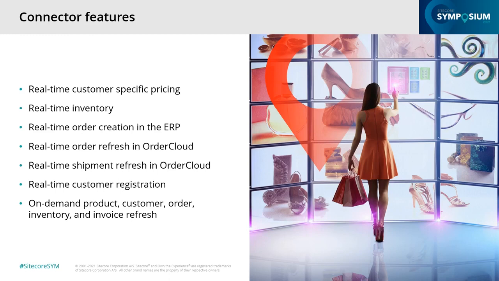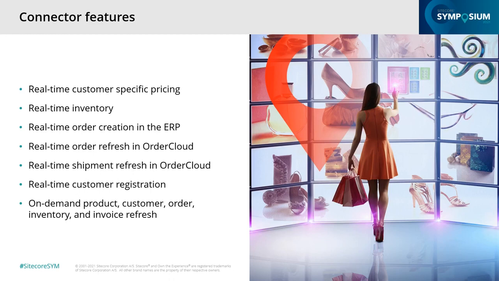There are two parts to connector features: real-time data refresh and batch data refresh. All OrderCloud implementations using the connector will be able to show real-time pricing and inventory from Infor CSD. Real-time pricing is cached and it can be configured according to the need.